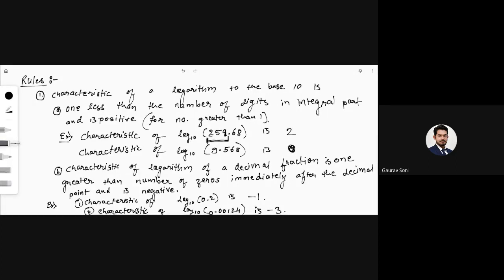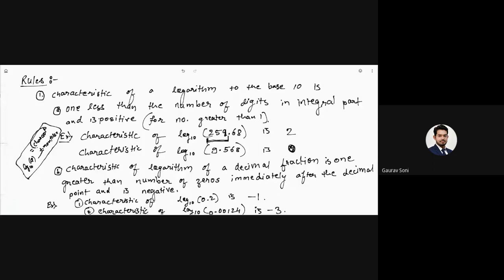Okay, so when I want to find log to the base 10 of any number x, it will be characteristic plus mantissa. This is how we find the log of any number.